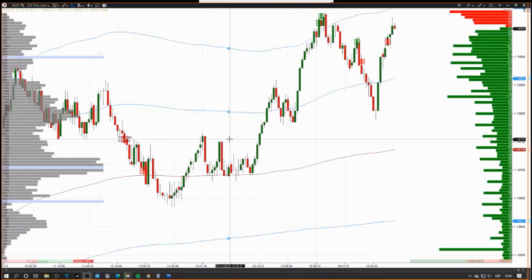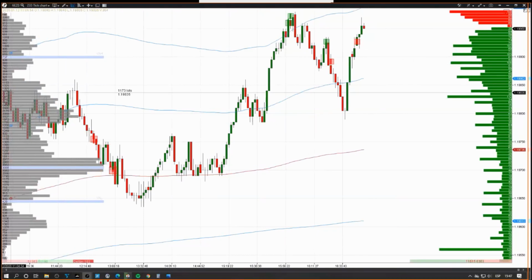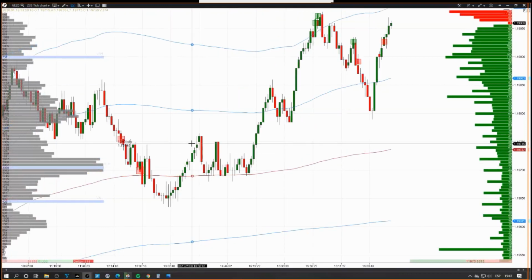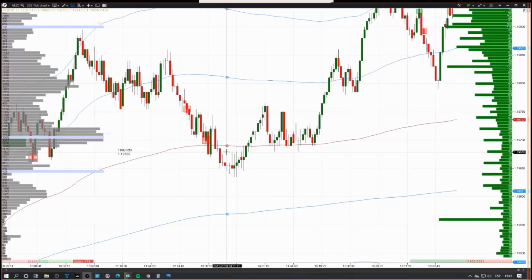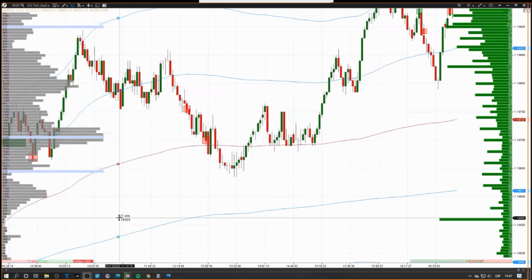And here on the left, these green bars, gray bars, are the volume. If you are using volume, which is the most important thing of trading, it is useful only if it's horizontal. Vertical volume is completely useless because it just tells you there was volume in this candle, but at what price?